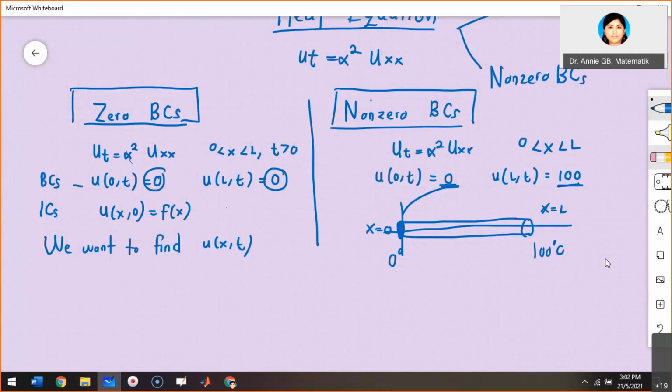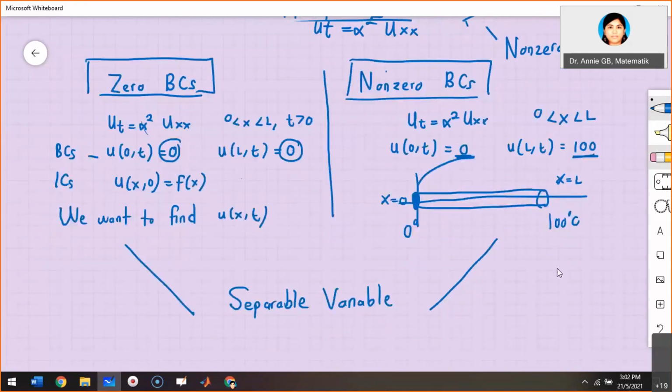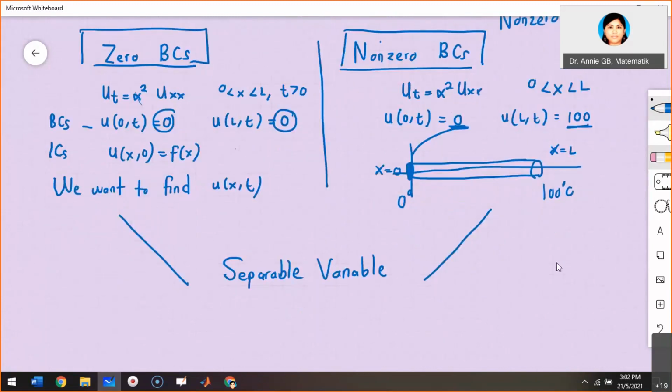Okay, to solve this, dua-dua ni, kita akan solve menggunakan separable variable. I have given on my video how to use separable variable. Tapi for the non-zero boundary condition ni, dia ada something called steady state solution yang you kena ambil kira, sebab boundary condition dia bukan zero.